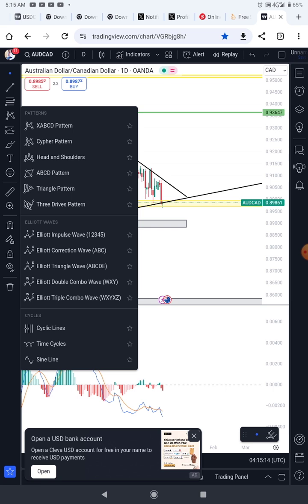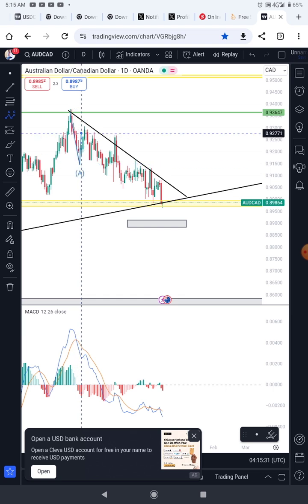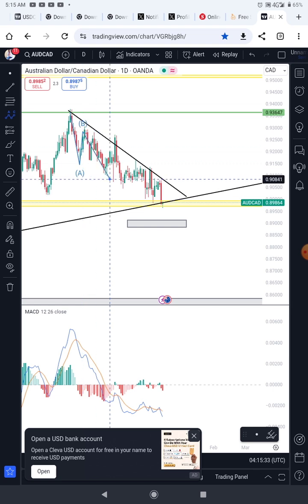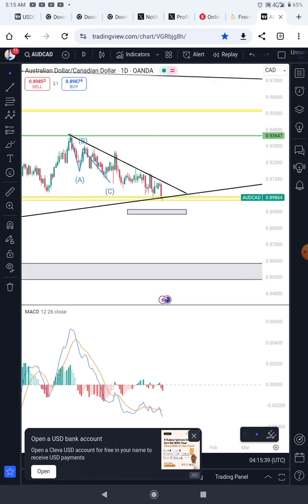For the first zigzag, this is my A, B, C. Now, A, B, C zigzag pattern.